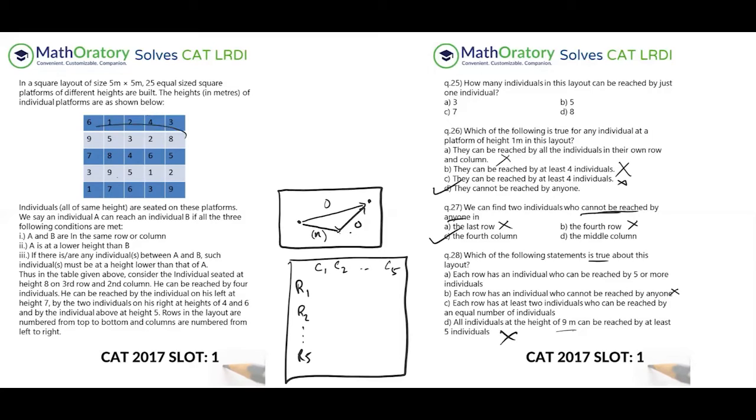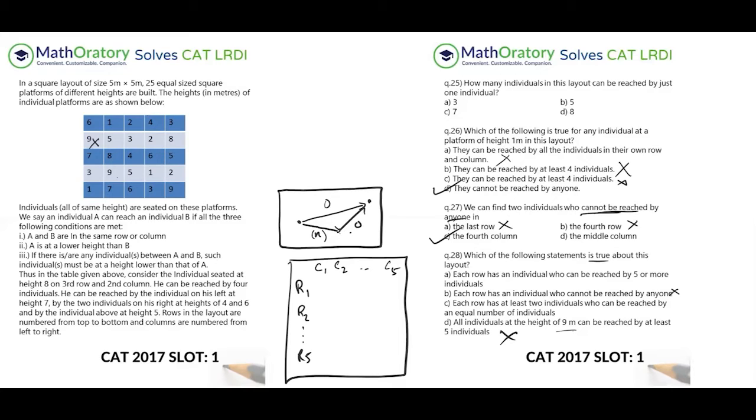Let's test this row first, because while I was testing option D, I know that 9 is not satisfying this condition, because that 9 can be reached by only 3 people, and a row which has a 9 and cannot be reached by 5 individuals cannot satisfy this condition.